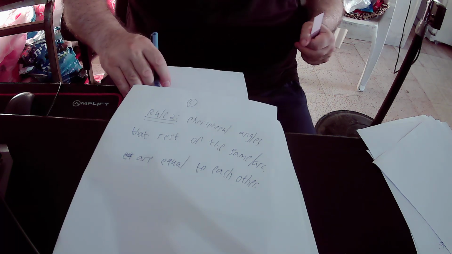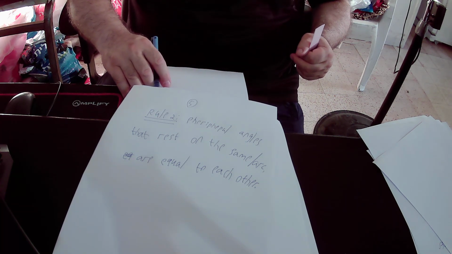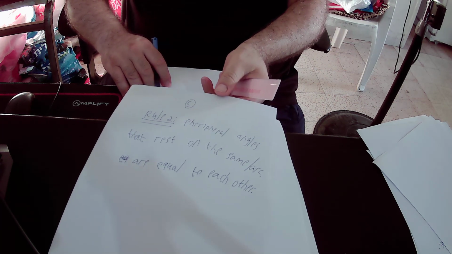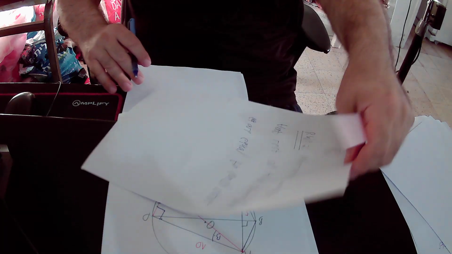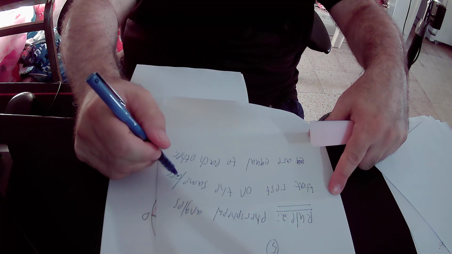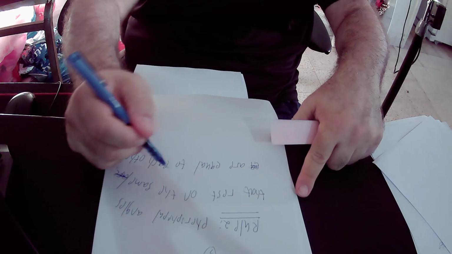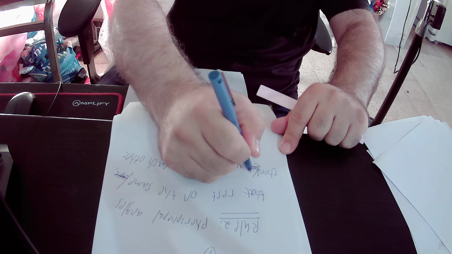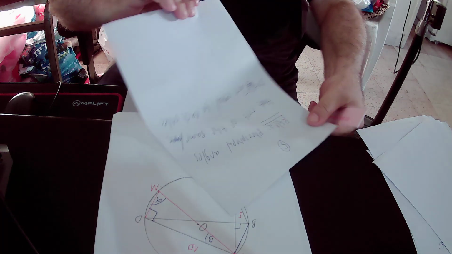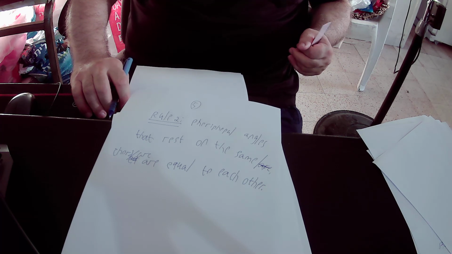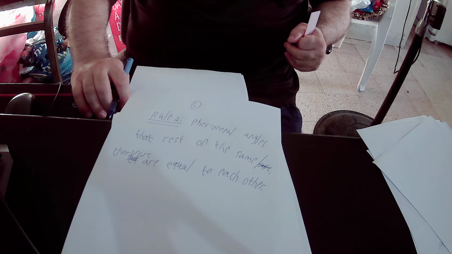So I will read rule number 2 again. Peripheral angles that rest on the same arc or chord, the same chord slash arc, are equal to each other.